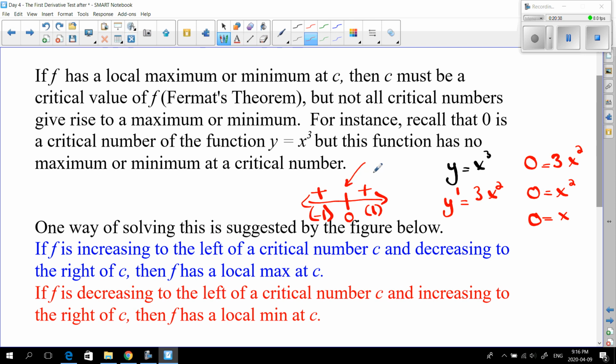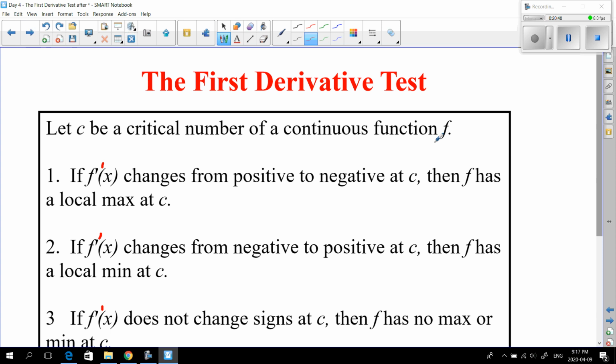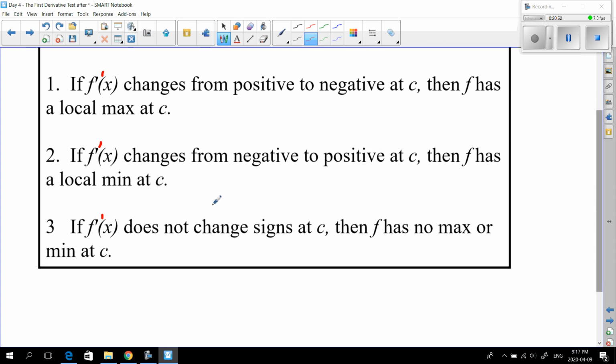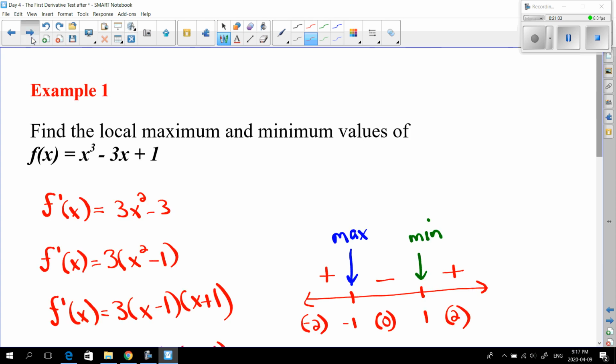No change means it's not a max or min. It follows this third rule of the first derivative test. If f prime of x does not change at your critical value c, or at that critical value 0, then f has no max or no min there.